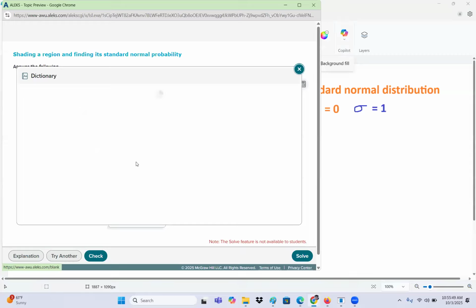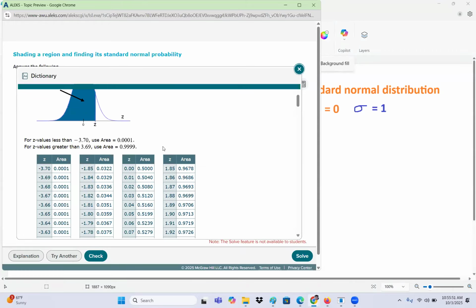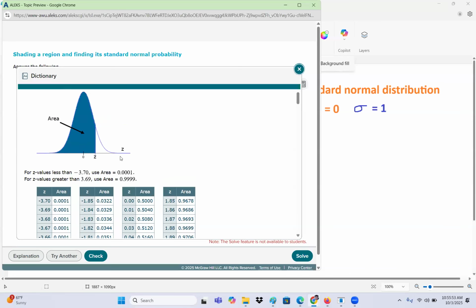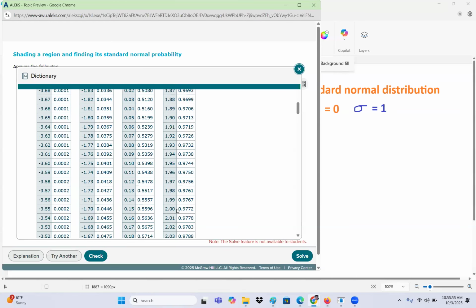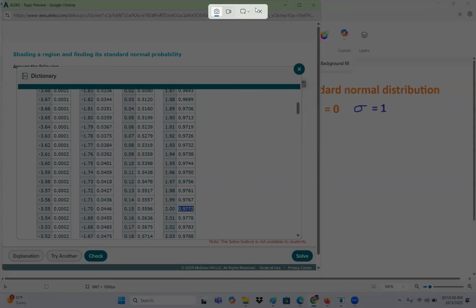When you use a table, for z equal to 2, that will be 0.9772.